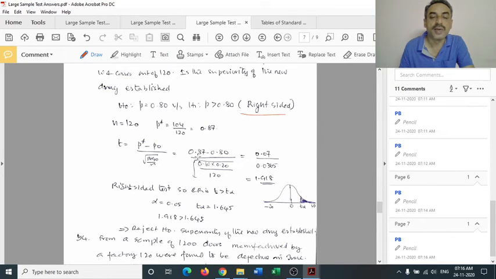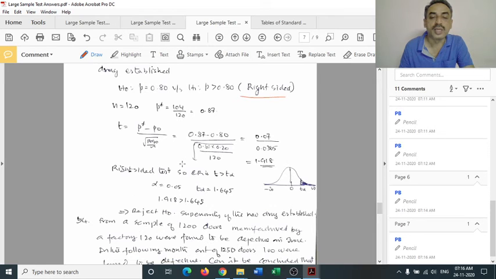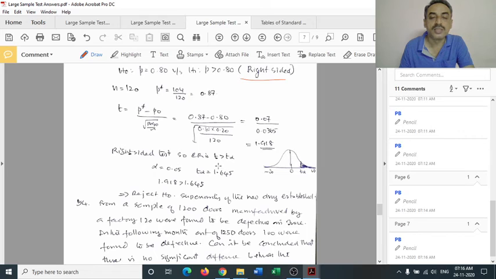So calculate the value of t. We can get it as 1.918. Right-sided test, so t greater than t alpha. The critical region appears only on one side. The value 1.918 calculated from the sample is greater than 1.645.